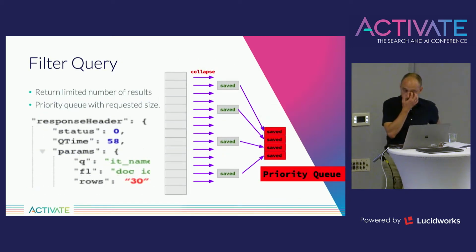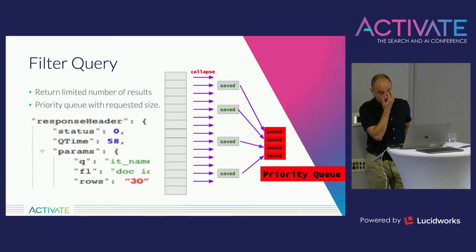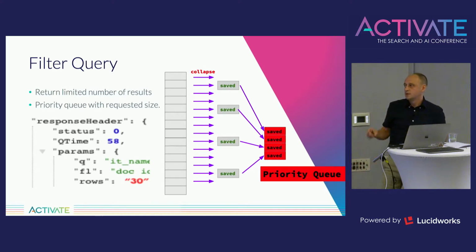So we decided to implement our filter query, as we discovered that we only need to return a limited number of items to build a page of listing. So our filter query that collapses items needs only to return a limited number of items, so we don't need to have a big temporary data structure.